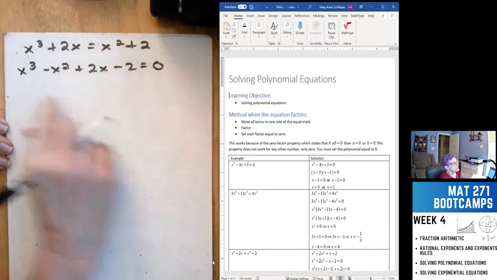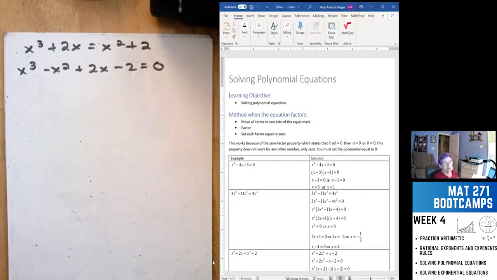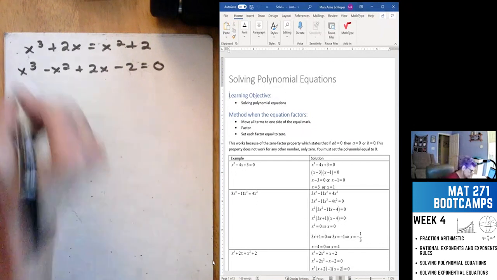And you notice as I did that, I wrote it in descending order of exponents, just because descending order of exponents makes me happy. There's nothing wrong with it if you don't do it that way. Now this has 4 terms. My only hope is that I can factor it by grouping. That's the only thing I know how to do with 4 terms.